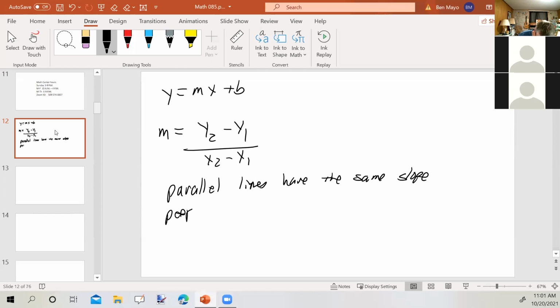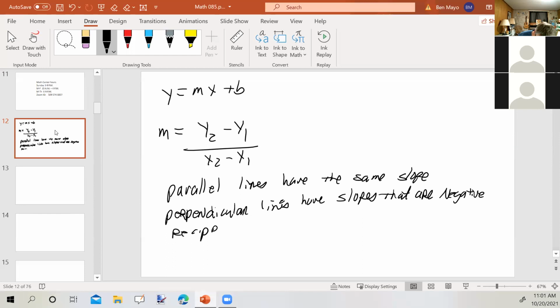Perpendicular lines have slopes that are negative reciprocals of one another.